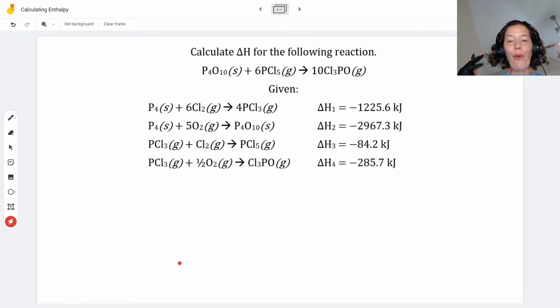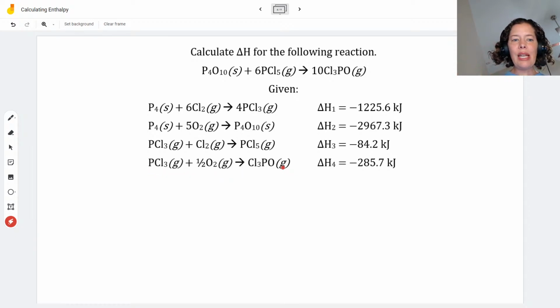All right, so looking at this problem, there are quite a few species that I'm going to have to get rid of at this point. So I'm going to have to do some reversing. I'm certainly going to have to do some multiplying because I've got 10 here and I can see my product right here. I'm going to have to at some point probably multiply again by a 10. I've got a half, which means for this reaction here, I'm going to have to multiply by some kind of even number to get rid of a half.